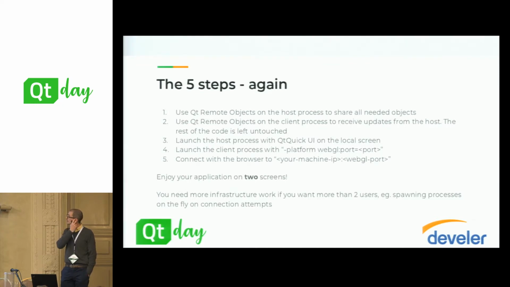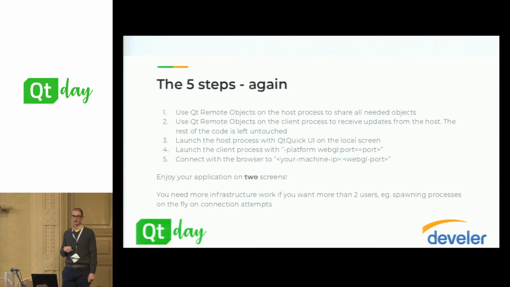Okay, so let's review the 5 steps again. You need to use Qt Remote Objects on the host process to share all the needed objects, okay? We saw how to do that. You need to use Qt Remote Objects on the client process to receive updates from the host.